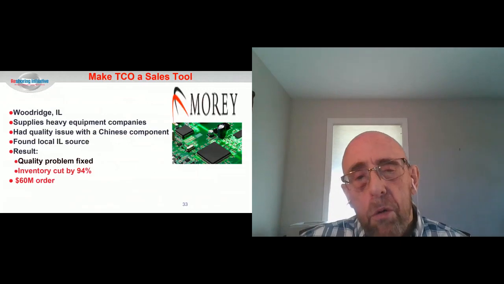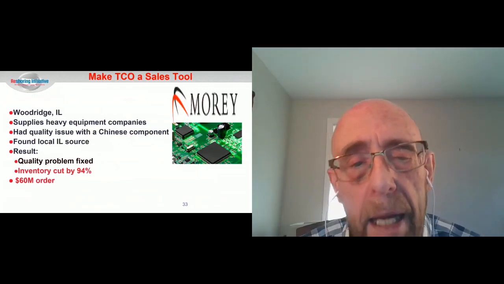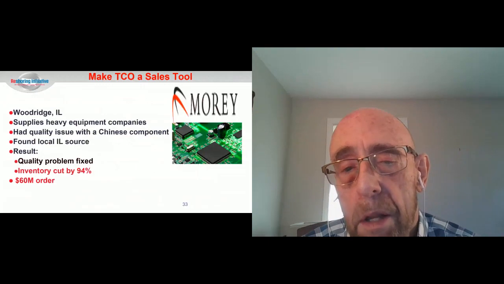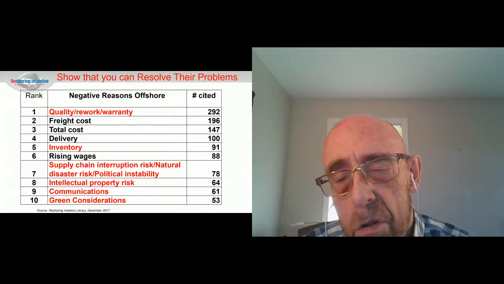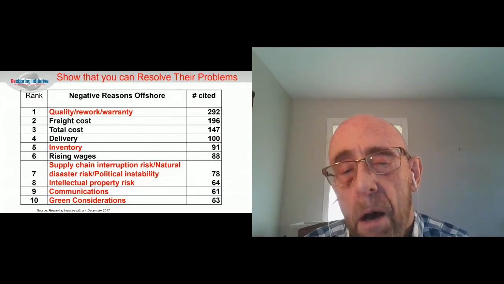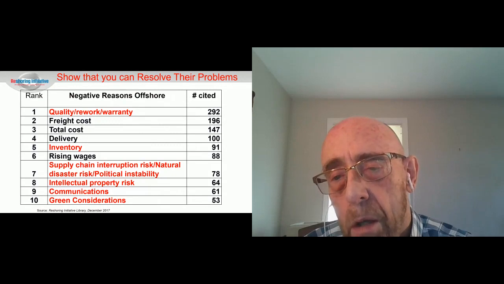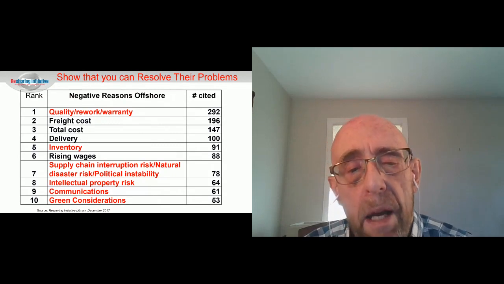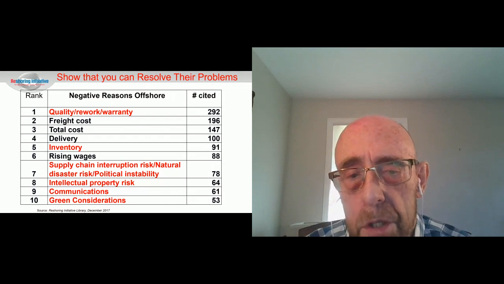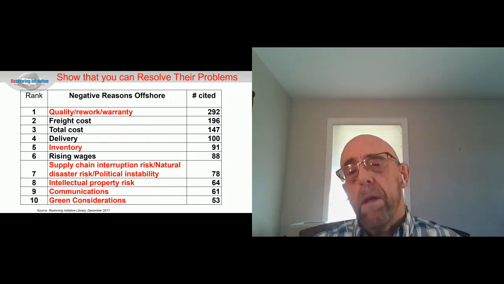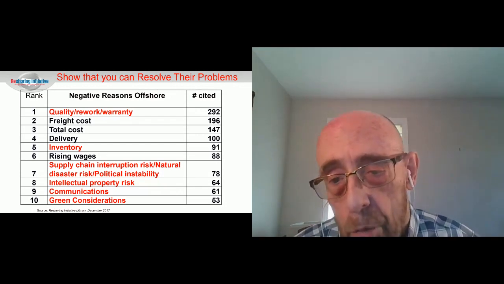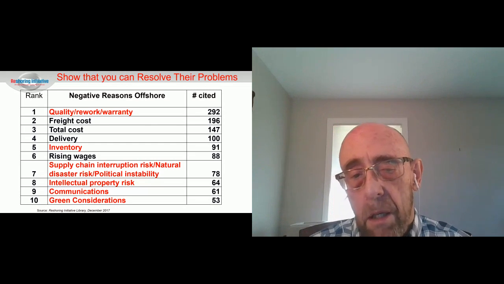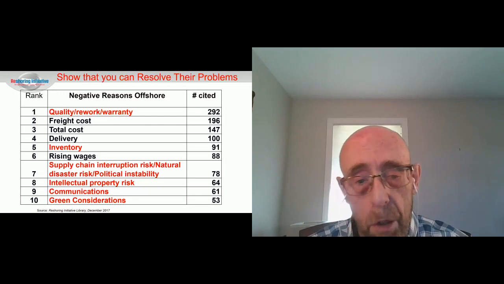So what can you do to bring the work back? You can think of what the reasons are that companies have brought work back already. And so this is a numeric ranked list of the negative things, the things that went wrong that caused companies to reshore. And I highlighted in red the ones that you can influence in terms of your quality, helping them see the advantage of better quality here, help them cut their inventory. I think it's very reasonable to expect the OEM to cut its inventory by 50% by sourcing from you.